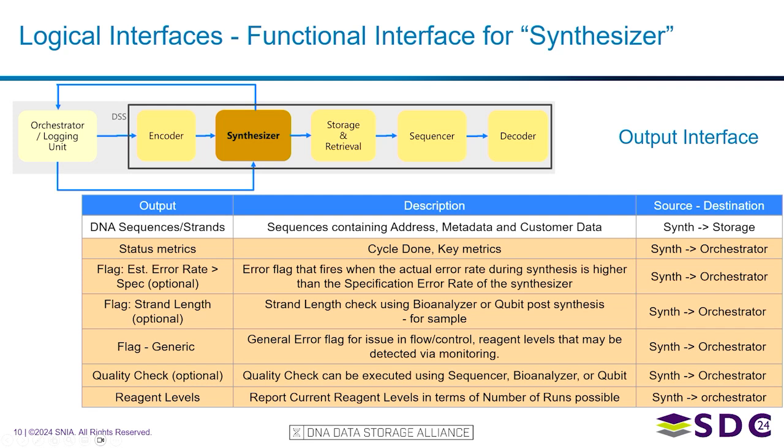For example, the current cycle status, whether the cycle is in progress or done. There might be error flags for, say, if the error rate was seen higher than the specification or expected rate. There might be error flags for, say, if the reagent levels are extremely low in order to complete the current or the next cycle, warning the orchestrator for a refill before the next cycle comes in, or warning for maintenance. So there are a number of other feedback signals that the orchestrator will get to collect from the synthesizer step.